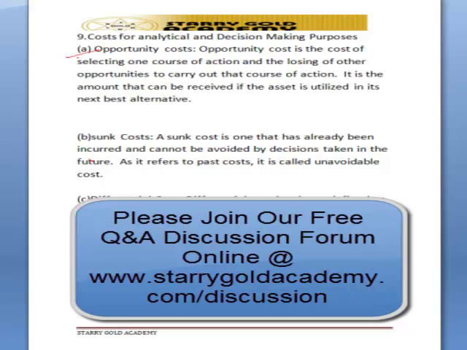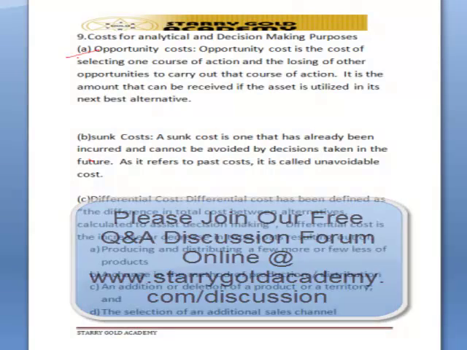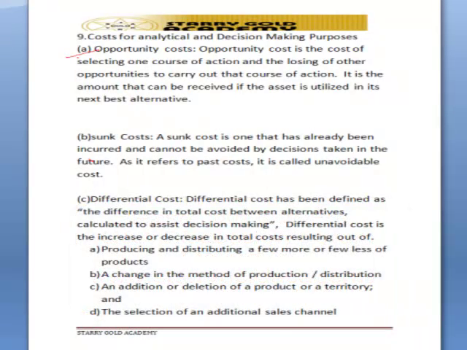So take note of that. It is the amount that can be received if the asset is utilized in its next best alternative. And sometimes opportunity cost, I always say, is the benefit forgone from the alternative not chosen. So for analytical decision purposes, we must consider our opportunity cost.